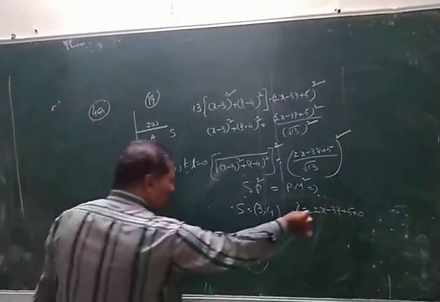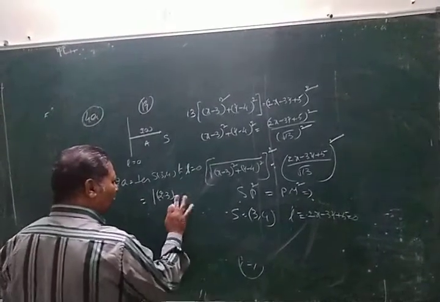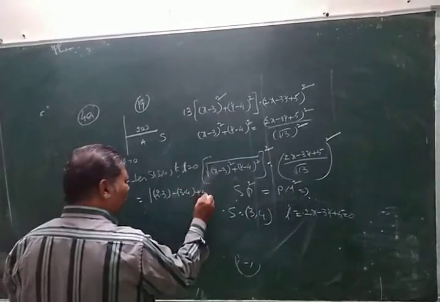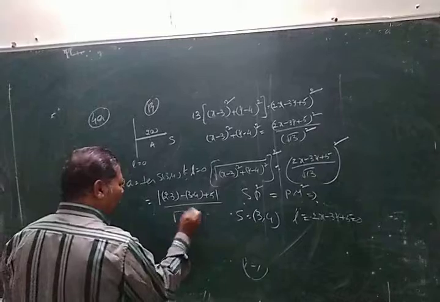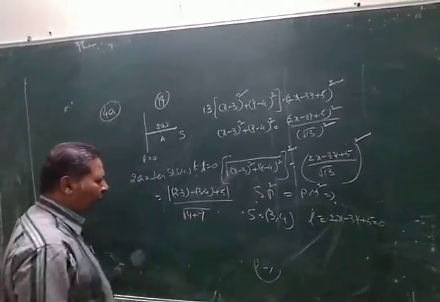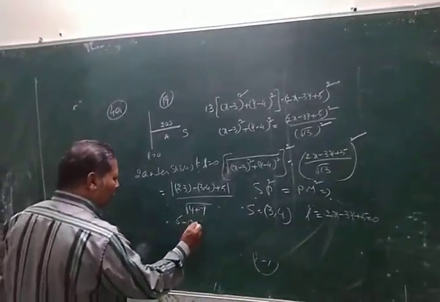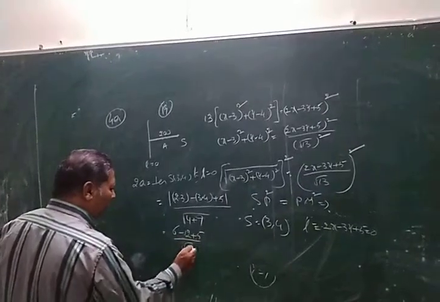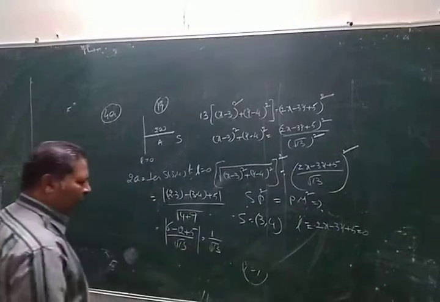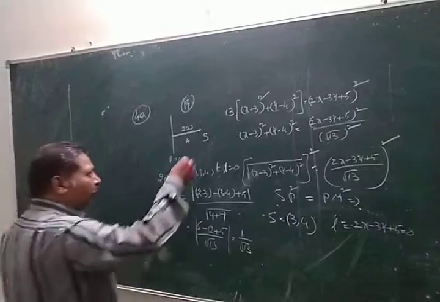Modulus of 2 into 3 minus 3 into 4 plus 5 by root of A square value 4 plus B square value 9. So this is 6 minus 12 plus 5 by root 13, that is 1 by root 13.